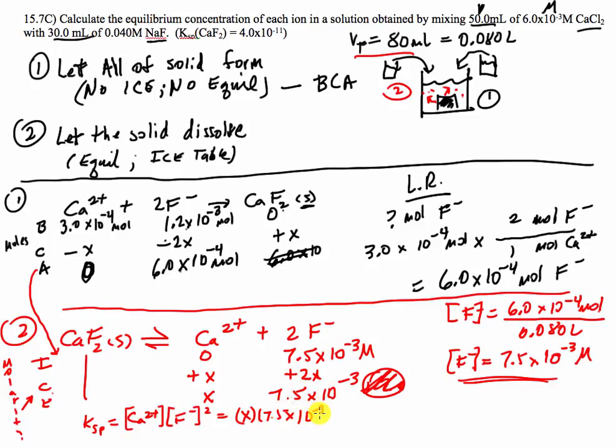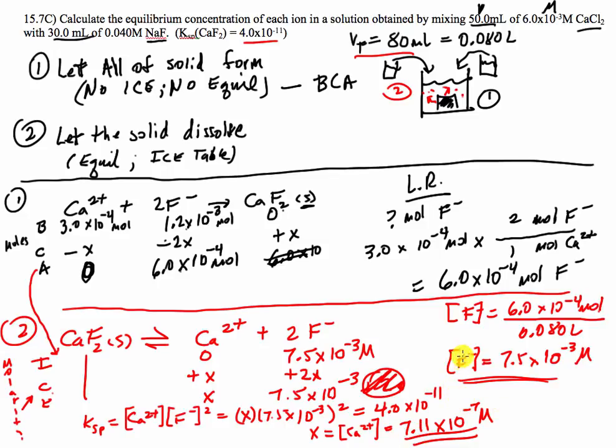Then what I would do is I would square that, set that all equal to my KSP, which is given here, 4.0 times 10 to the minus 11. Solve for x, because x is the calcium concentration. And that answer is going to come out to be 7.11 times 10 to the minus 7 molar. Very, very small amount of calcium ions.